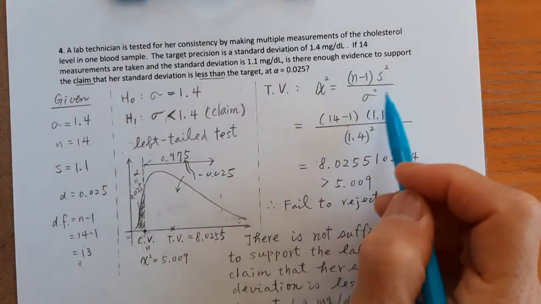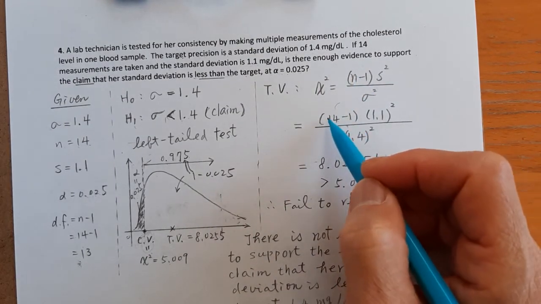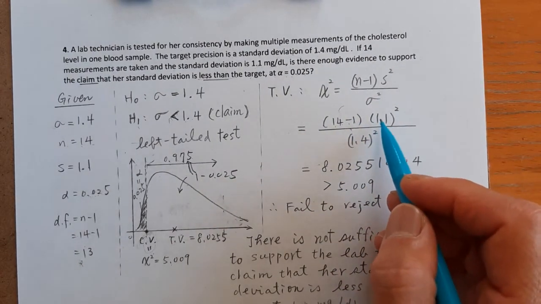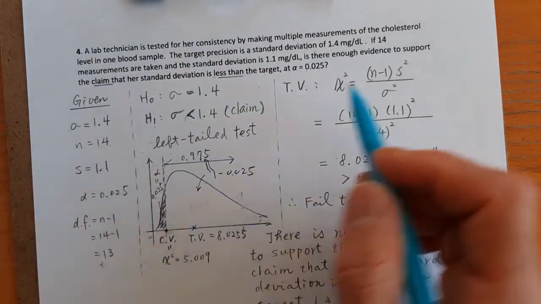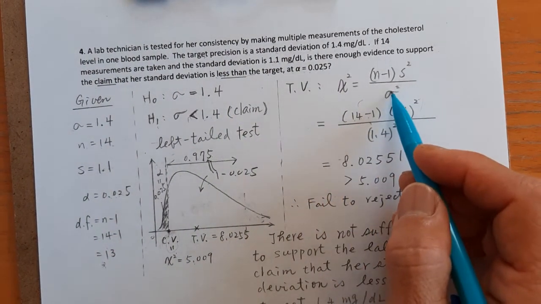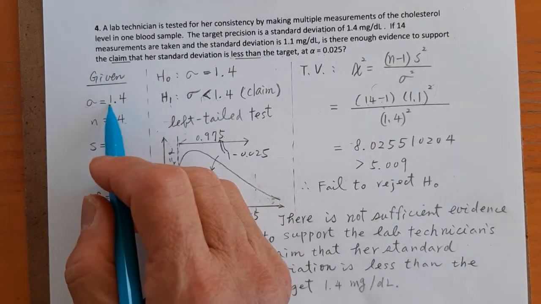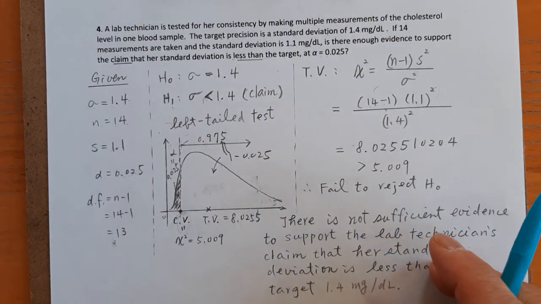So n is 14 minus 1, which is 13, the degrees of freedom, times 1.1 squared, the variance of the sample, over sigma squared, 1.4 squared, the variance of the population.